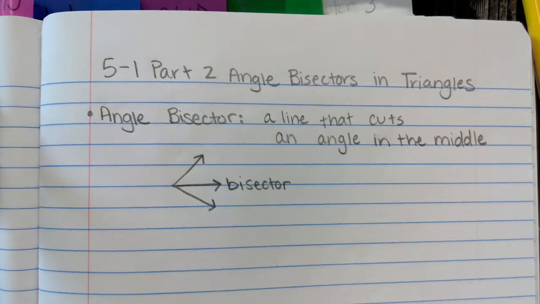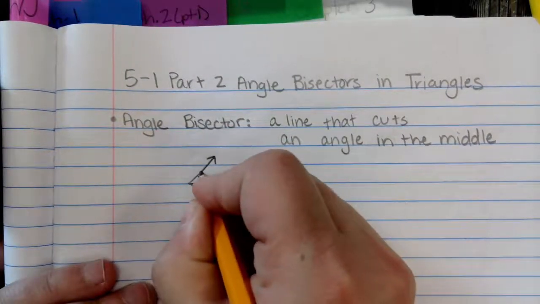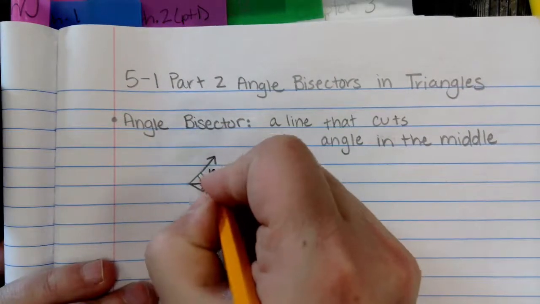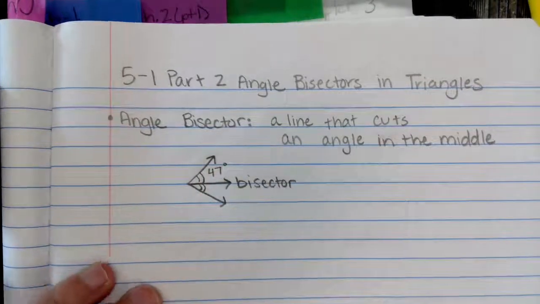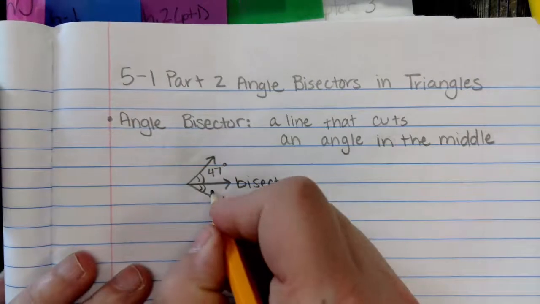The little arc lines. So we know that this is congruent. This is the same as this. So if the top was 47 degrees, what is the bottom? 47 degrees.